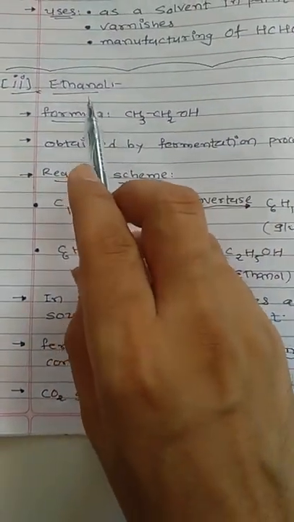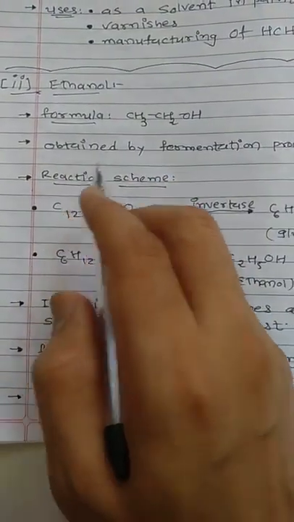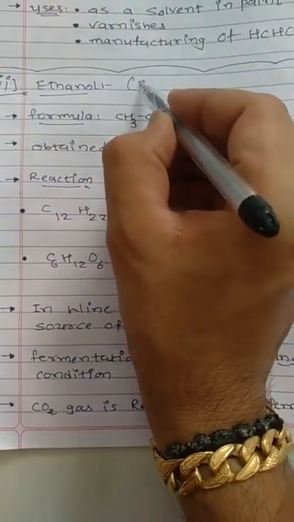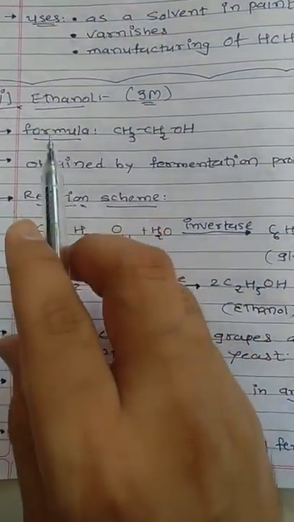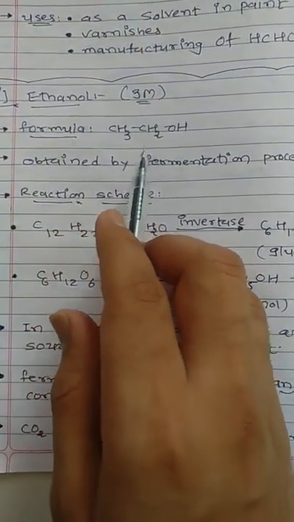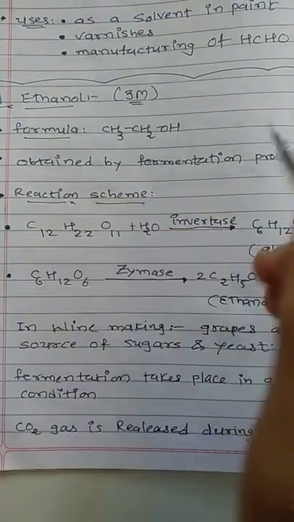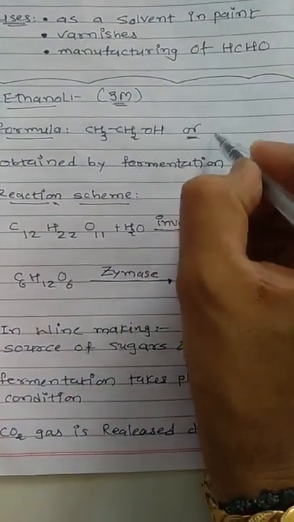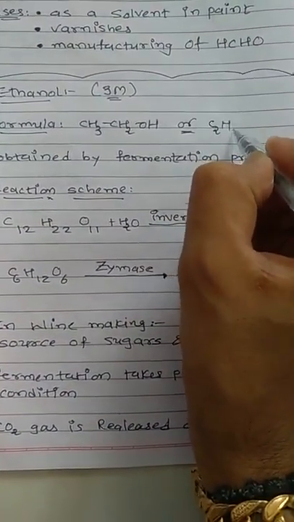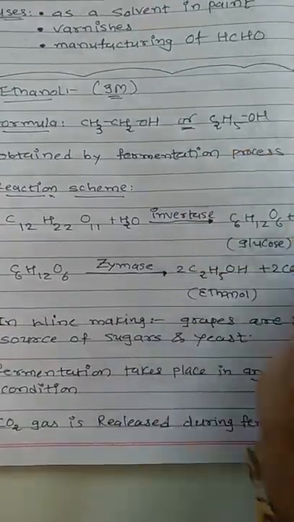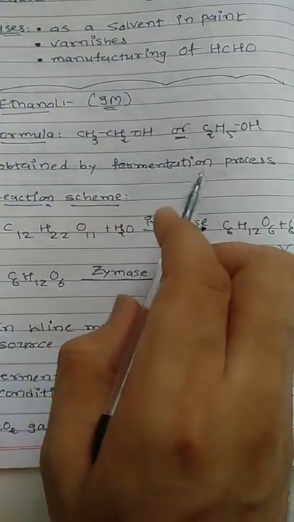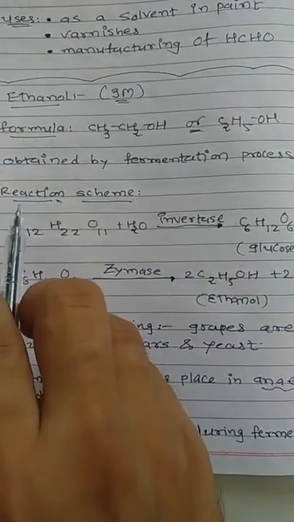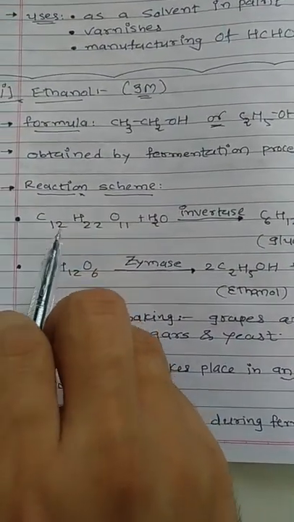Now next, the second alcohol, which is ethanol, should be asked in 3 marks in examination. The formula of ethanol is either CH3CH2OH, or you are allowed to simply write C2H5OH. It is obtained by fermentation process. The reaction scheme is given here.